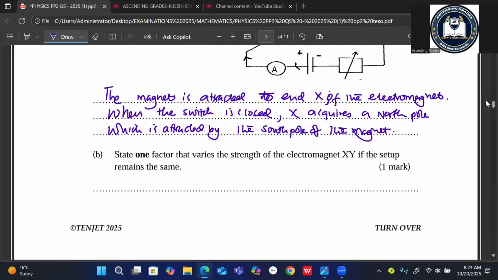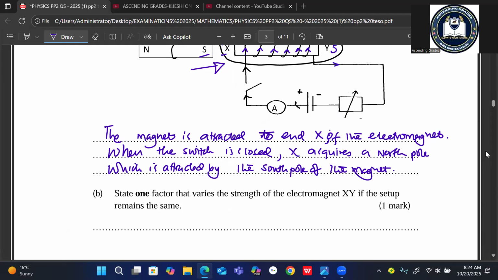State one factor that varies the strength of the electromagnet XY if the setup remains the same. This question is very tricky because you are told that the setup remains the same, meaning that the number of cells remains the same, the number of coils remains the same, the length of the electromagnet remains the same.